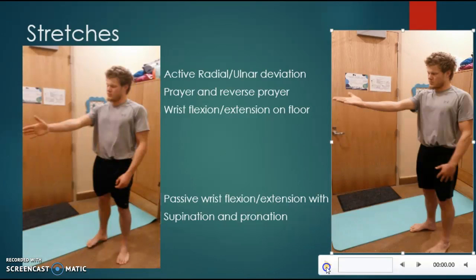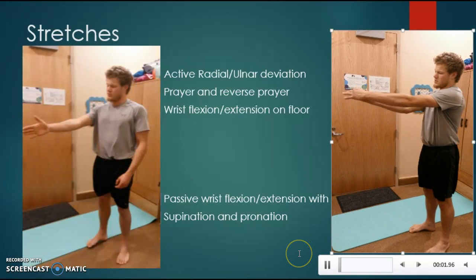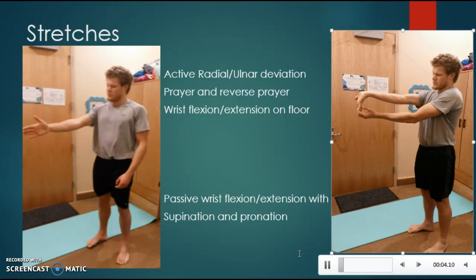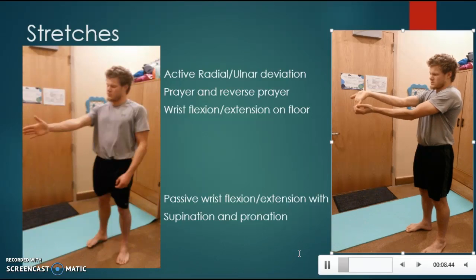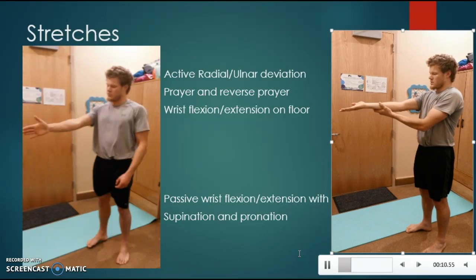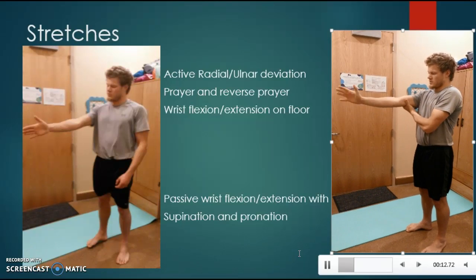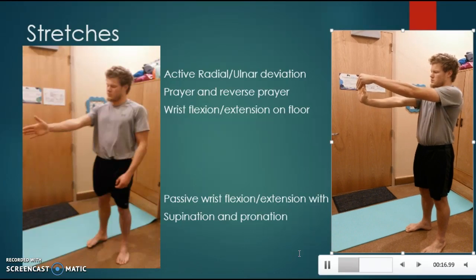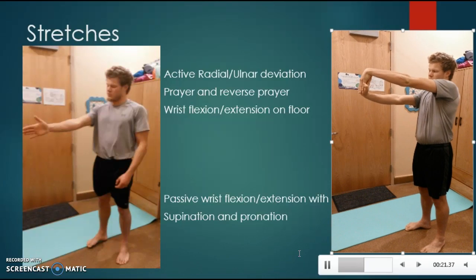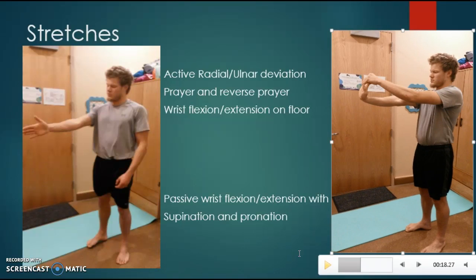On the right, we have first a passive wrist extension stretch in a supinated position. It's going to help the wrist flexors. And then we have, moving into pronation, another wrist extensor, wrist flexor stretch, stretching the wrist into a wrist extension. I would recommend grabbing the thumb for this stretch too.